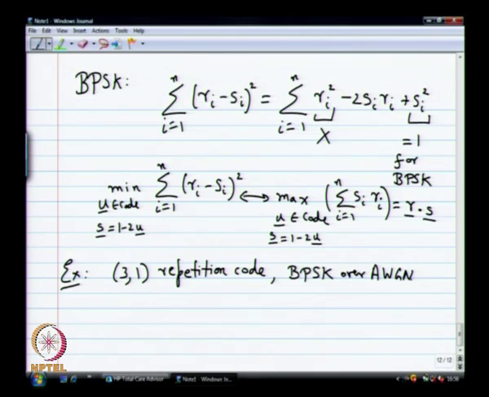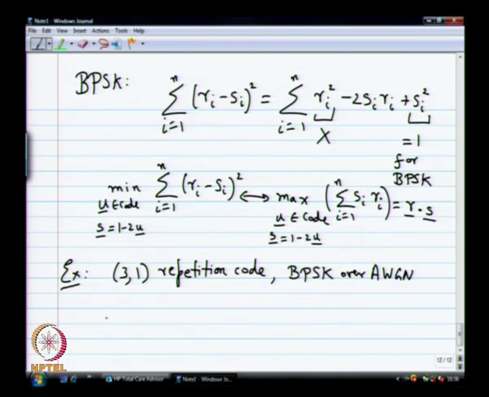You have to do, let us say, ML soft decoding and tell me what the transmitted bit was, I mean the message bit. You can directly find the message bit or the code word, any one you can do.